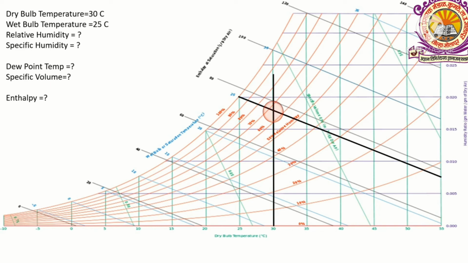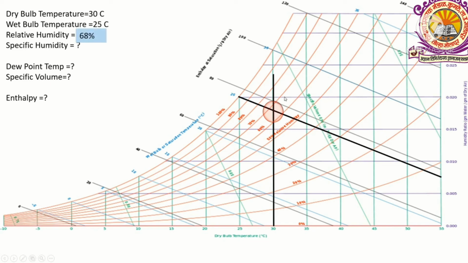Now we have to find, with respect to this point, the other properties of the air. First the relative humidity of the air: the point lies between 70% and 60% relative humidity. It is nearest to the 70% line, so the point has a relative humidity of 68%.